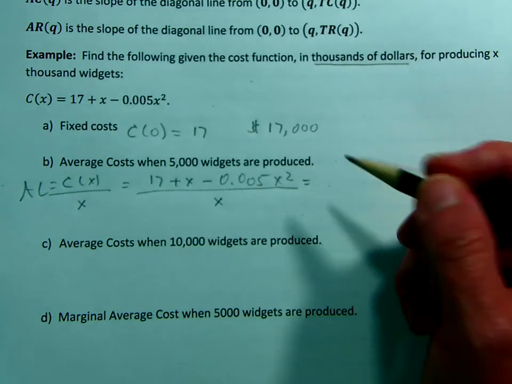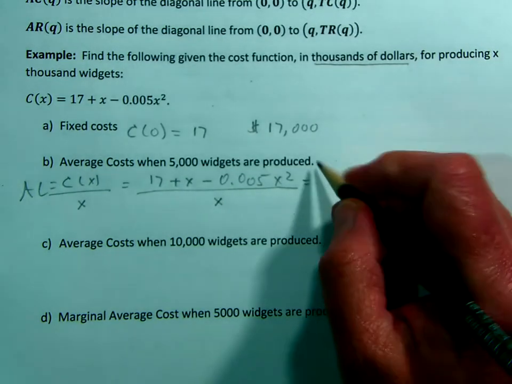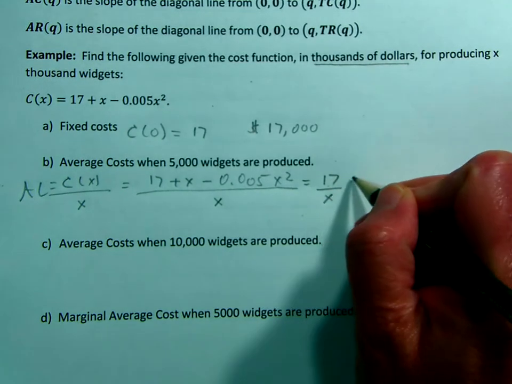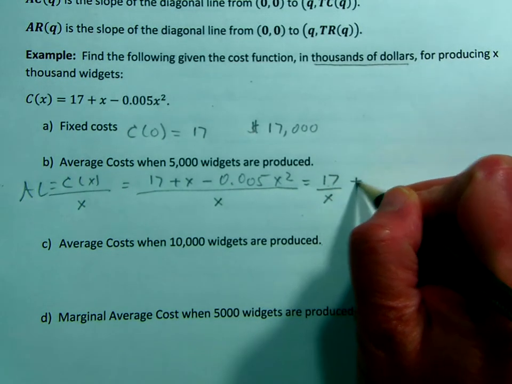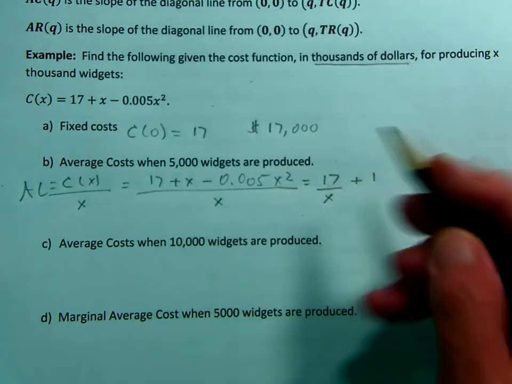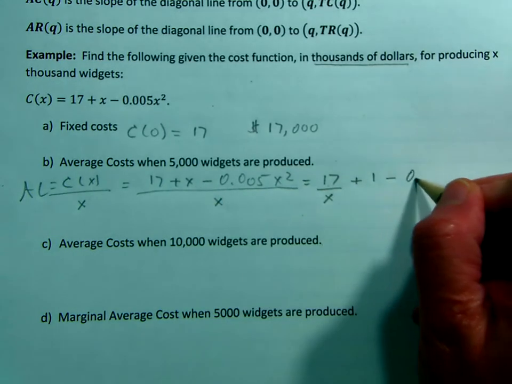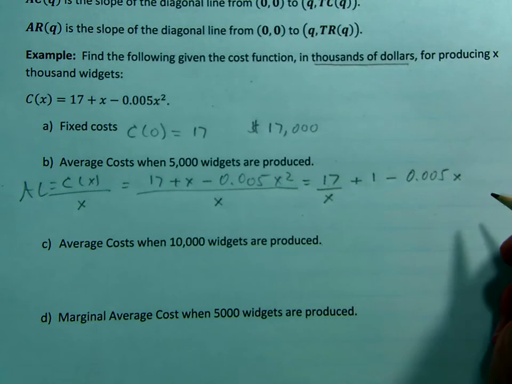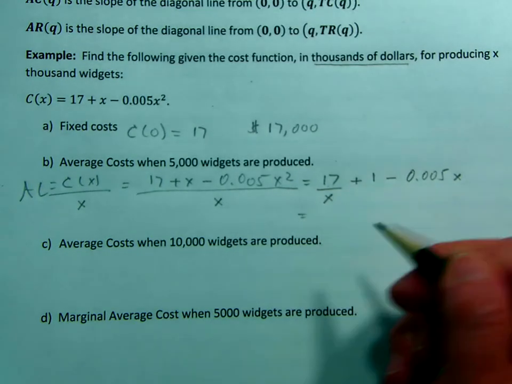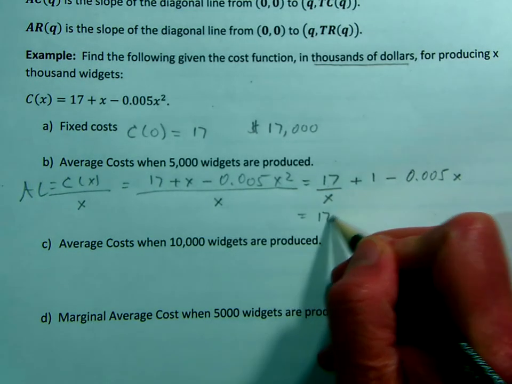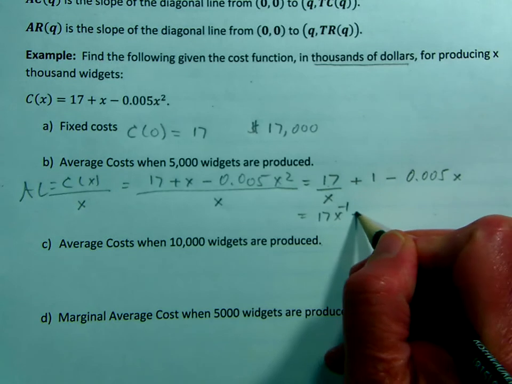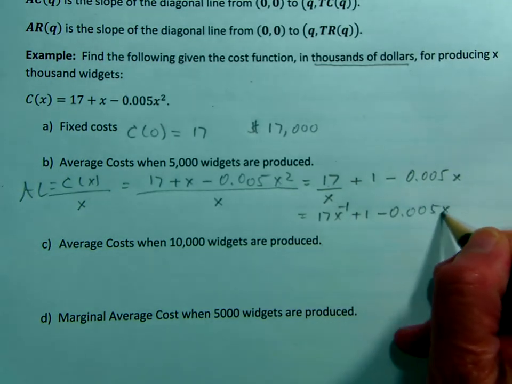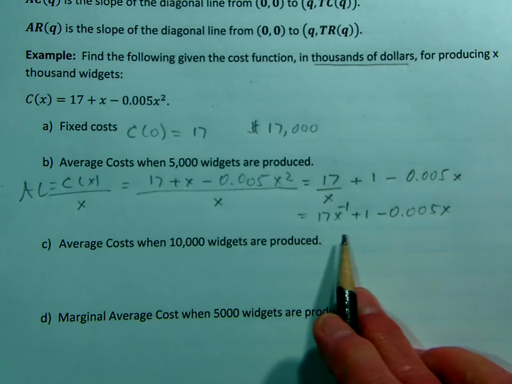We can also go ahead and simplify. That would be 17 over x plus 1 x over x minus 5 thousandths x. And we could even write that in exponential notation. So we've simplified the function.